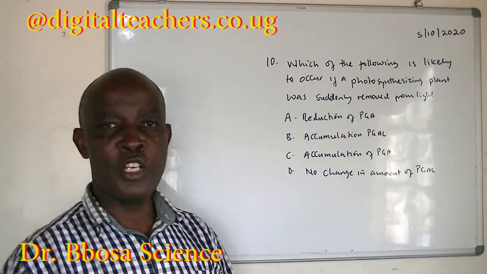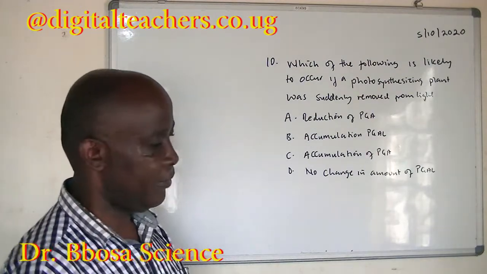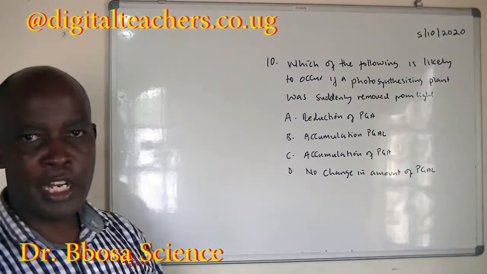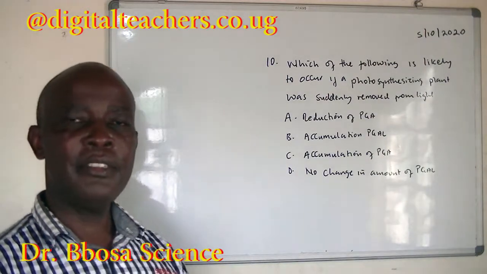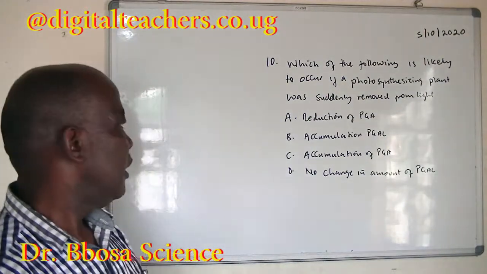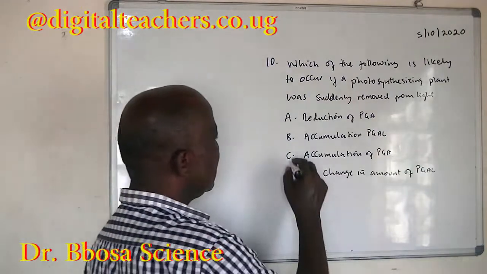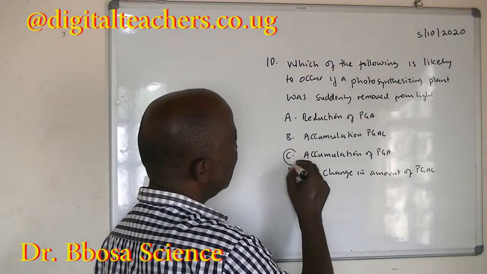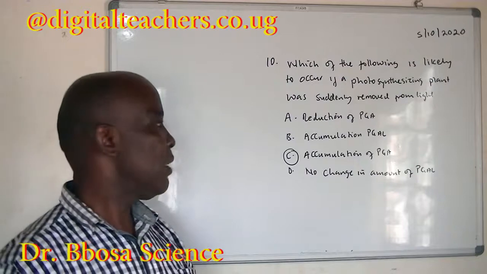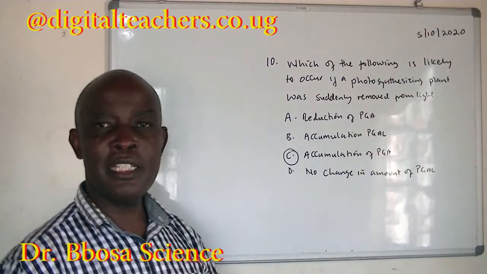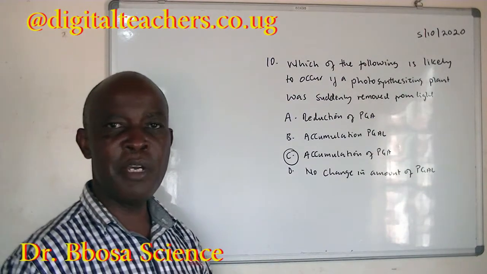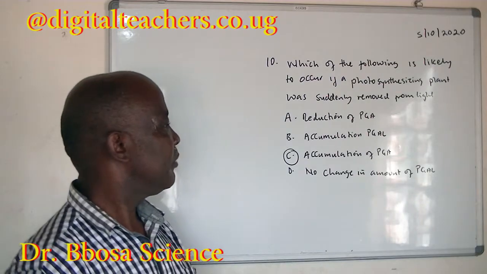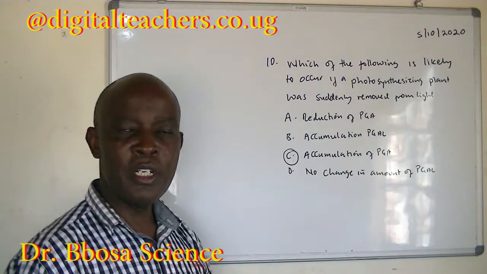D. No change in PGAL. You can pause and answer. The answer is C, because PGA is the first stable intermediate in the dark stage.